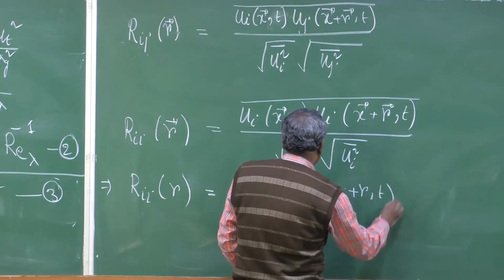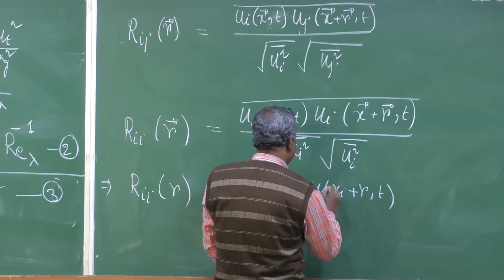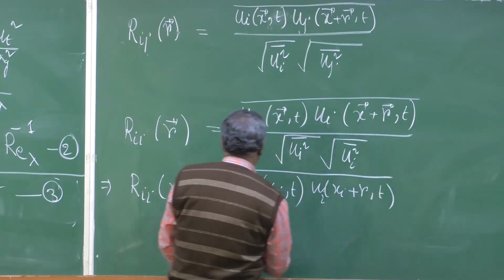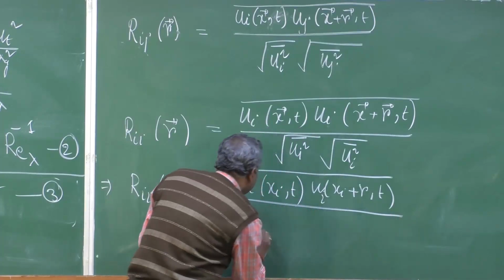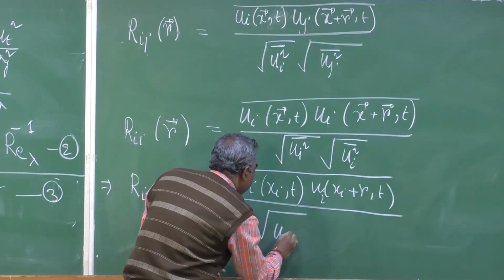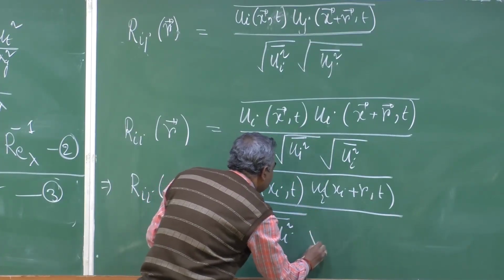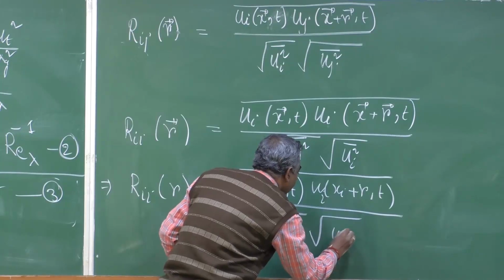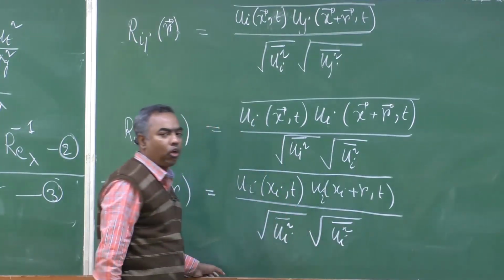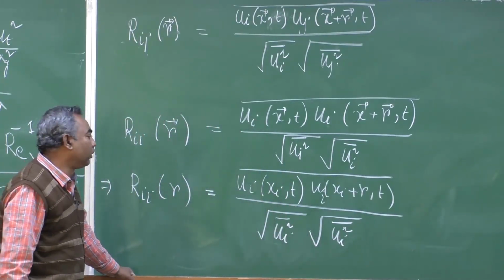The ui square bar is just a normalizing constant.